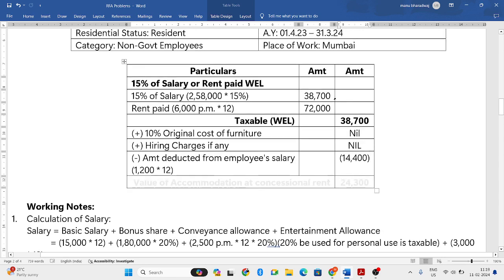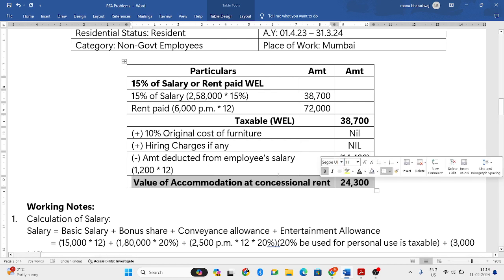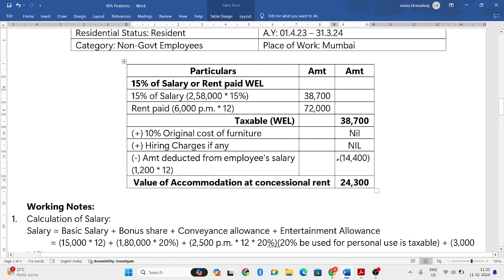That has to be subtracted. From 38,700, if you subtract 14,400, you will get the value of accommodation at concessional rent, or it is even RFA, rent-free accommodation. But here they are not giving free, they are deducting certain amount. So we are calling it as value of accommodation at concessional rent. So they are giving the rent at concessional rate. So this is how you need to calculate RFA.